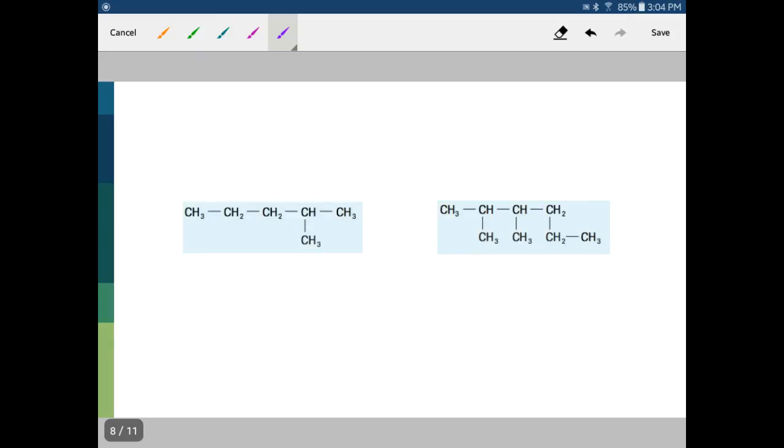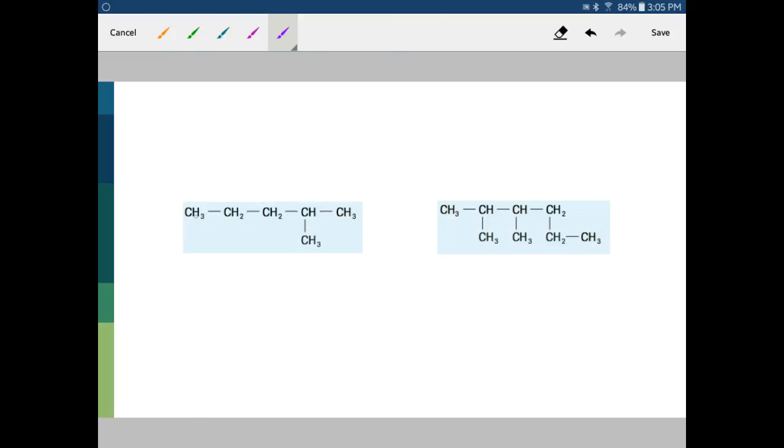So when we take a look at some examples here, I'm going to show you how I would go about solving these. The first one is a little bit more simple than our second one, and I'm going to show you how I go about them, and then you can figure out your own way if you find a way that's consistent and good. So if I look at my first example here, I need to find my longest parent chain. Now that's my first step.